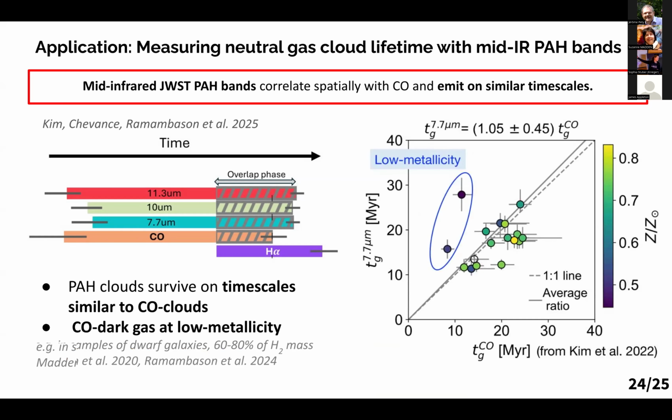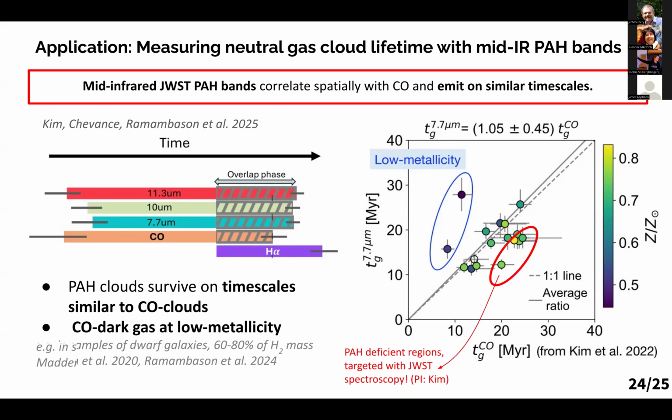There are exceptions. So the one-to-one relation would be what we expect from this correlation that I was showing earlier. But you can see that the only two low metallicity galaxies in the sample are actually offset from this relation. And this could be linked to the presence of CO-dark gas, which is not detected in CO, but is shining in the 7.7 band.